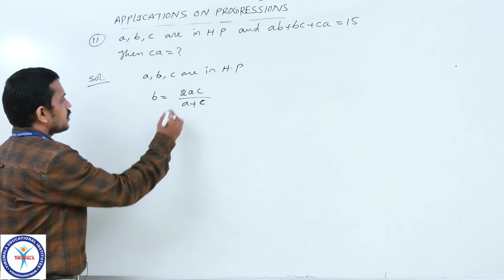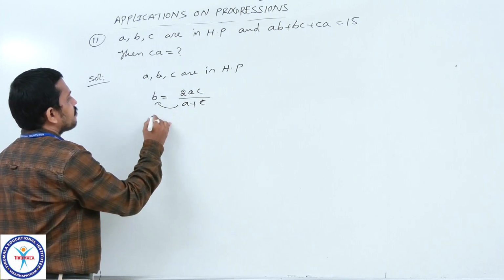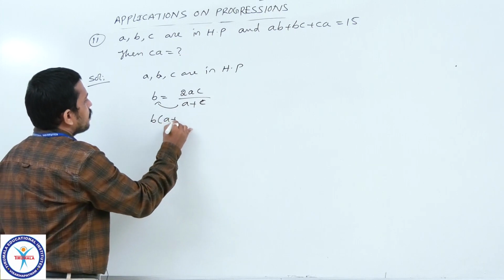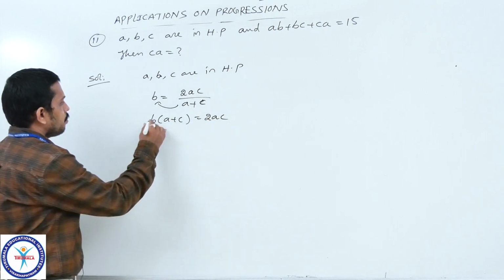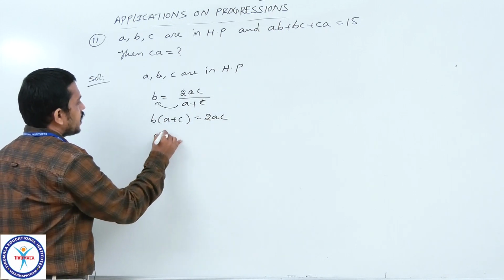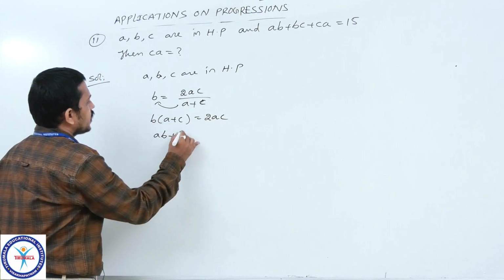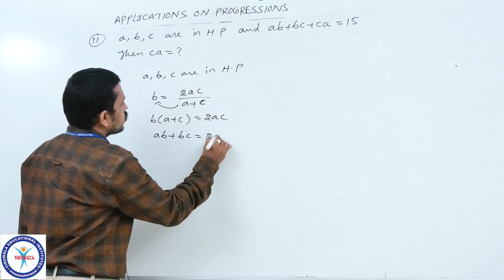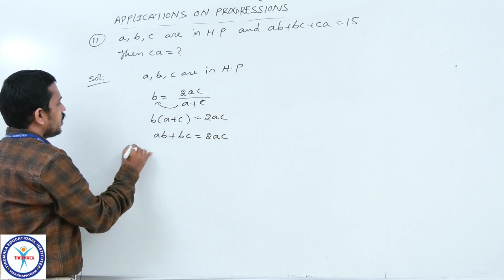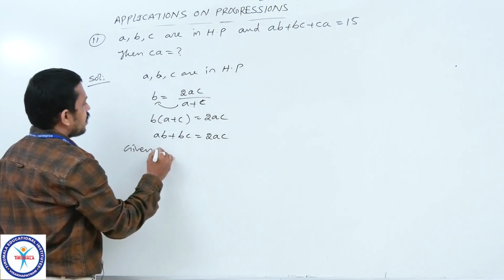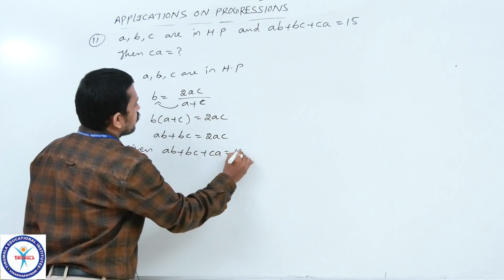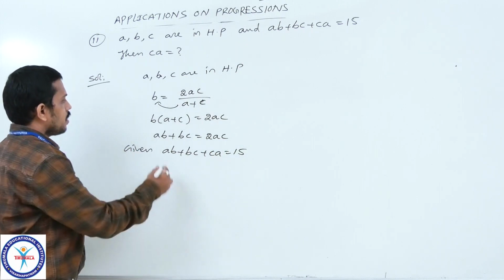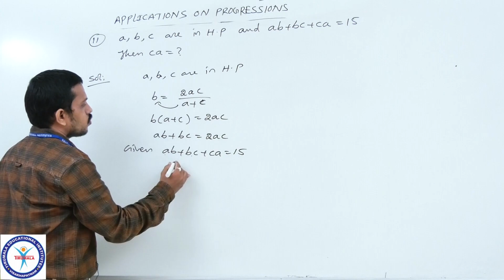Then by taking A plus C to the left side, B into (A plus C) is equal to 2AC. Means B into A, AB, plus B into C, BC, is equal to 2AC.